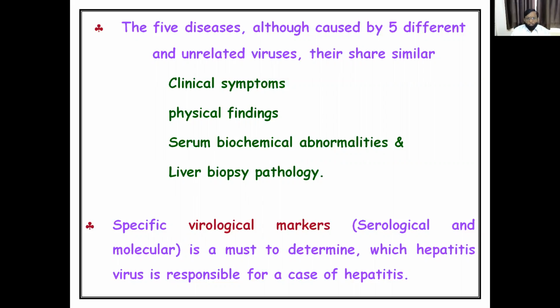There are specific virological markers, that is serological and molecular identifying markers, which are a must to determine which hepatitis virus is responsible for the hepatitis. So we will take the blood of the infected persons and isolate the viral markers, maybe antigens or antibodies, by serological tests.